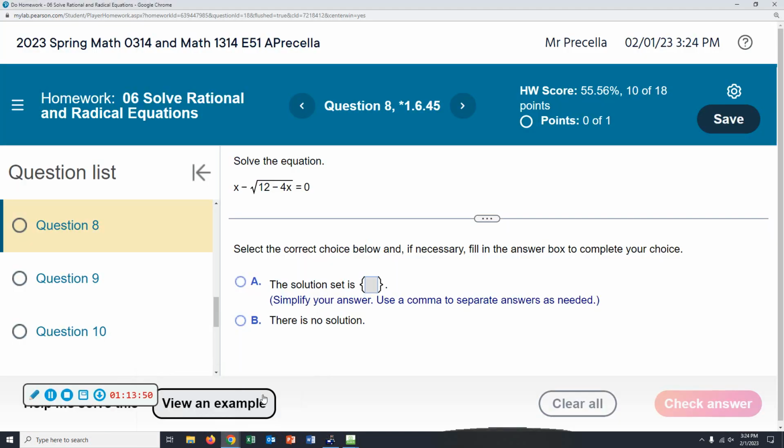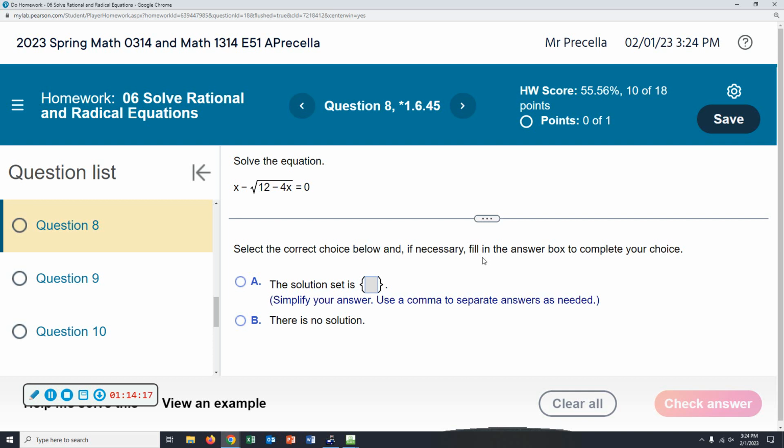Okay, let's see. I've written the number problem 8 down. Number 8: x minus the square root of 12 minus 4x is equal to 0. I see that we have a square root, so we're going to have to square both sides.